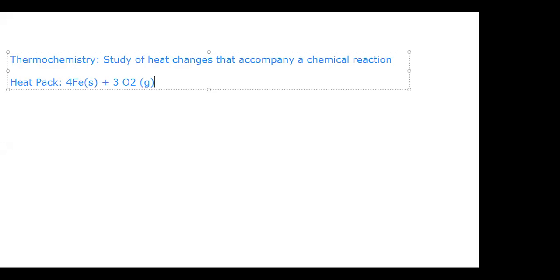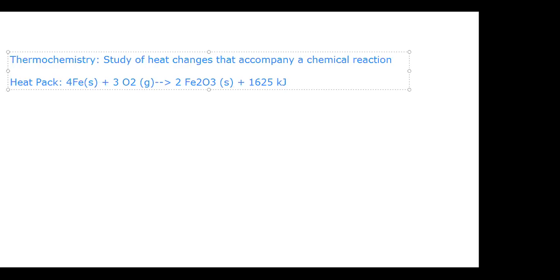When you mix solid iron and oxygen, you're going to create 2 Fe2O3, which is a solid. So you're making some form of rust, essentially an iron oxide. But then you also have plus 1625 kJ.